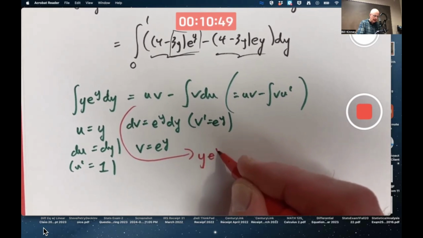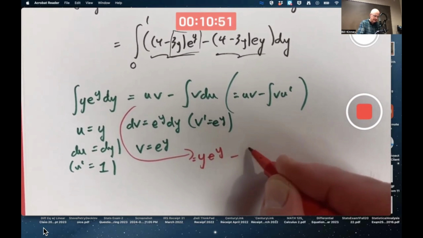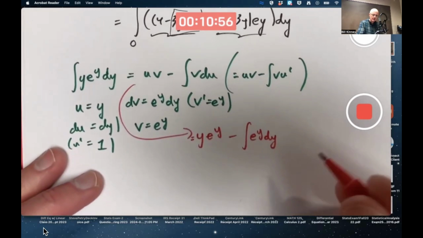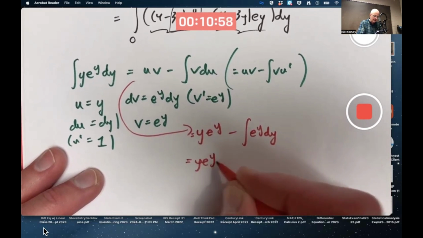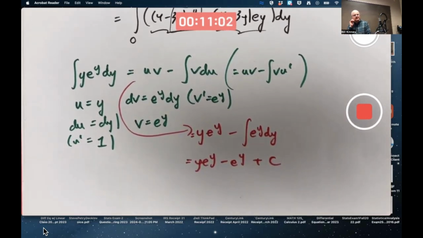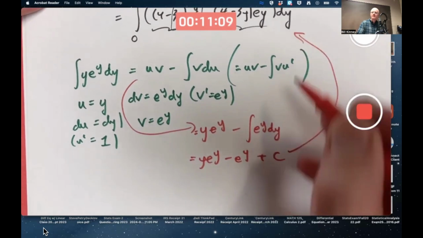You get y e to the y minus the integral of the product of those, which would be e to the y dy. Y e to the y minus e to the y plus c in general. But ultimately you're doing a definite integral, so you can take the c to be 0 when you use that up there.